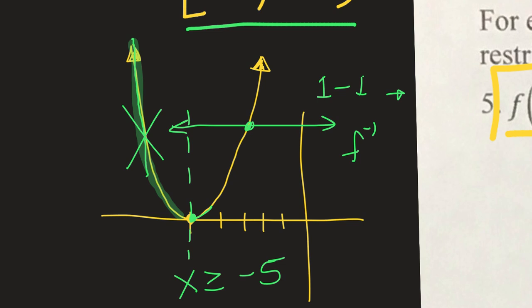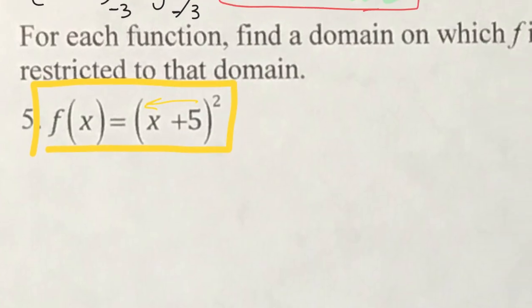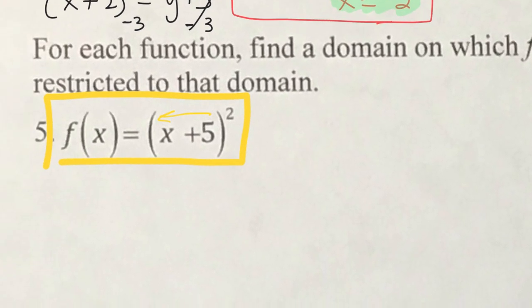Okay, so we are changing your equation's domain so that we can make this a 1 to 1 function, something we can actually find the inverse of. So as long as we restrict the domain to bigger than or equal to negative 5, then this is fine. Okay, but we have to restrict it first.